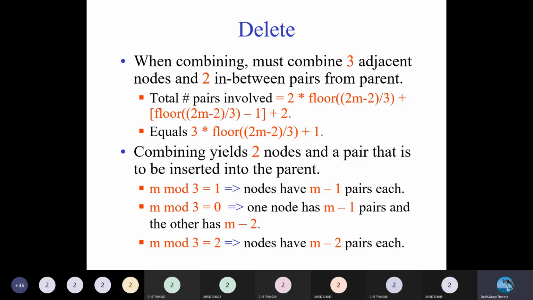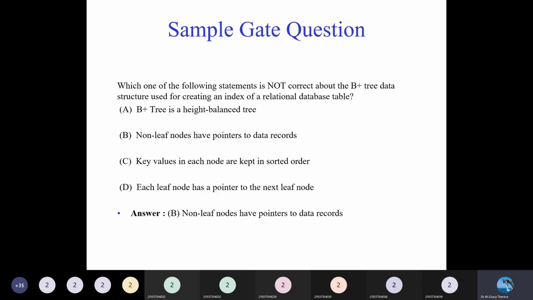So when you have your pairs in the same level or maybe the same leaf. Okay. So this is a sample GATE question. Which one of the following statements is not correct about the B plus tree data structure used for creating an index of a relational database table?